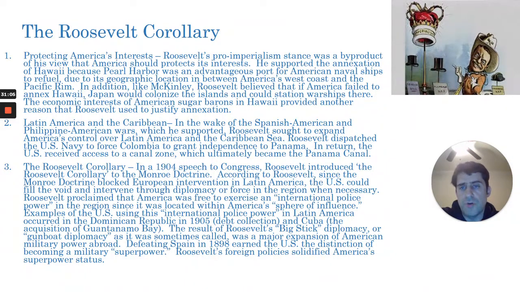After these two wars ended, first of all, before we get to that point, it's important to note that Roosevelt supported both the Spanish-American War, as he was the Assistant Secretary of the U.S. Navy at the time, and led a volunteer unit, the Rough Riders, in combat in the Spanish-American War, but he was very much pro-war for the Spanish-American War, and also for the Philippine-American War.